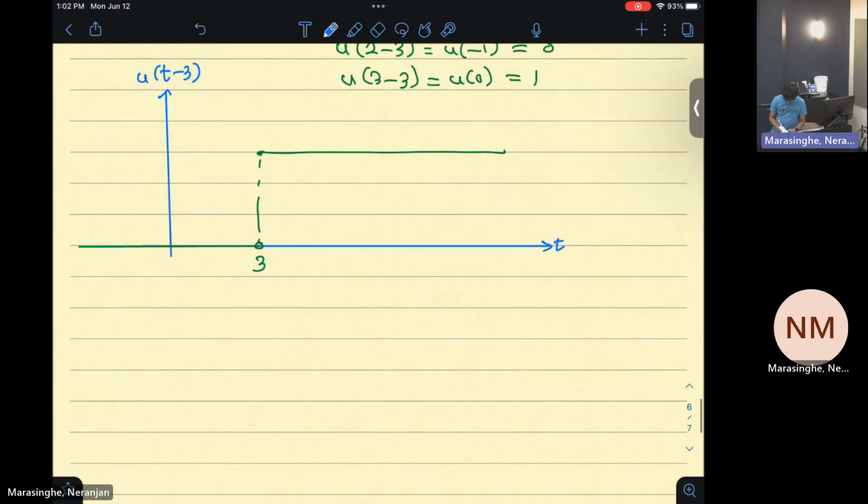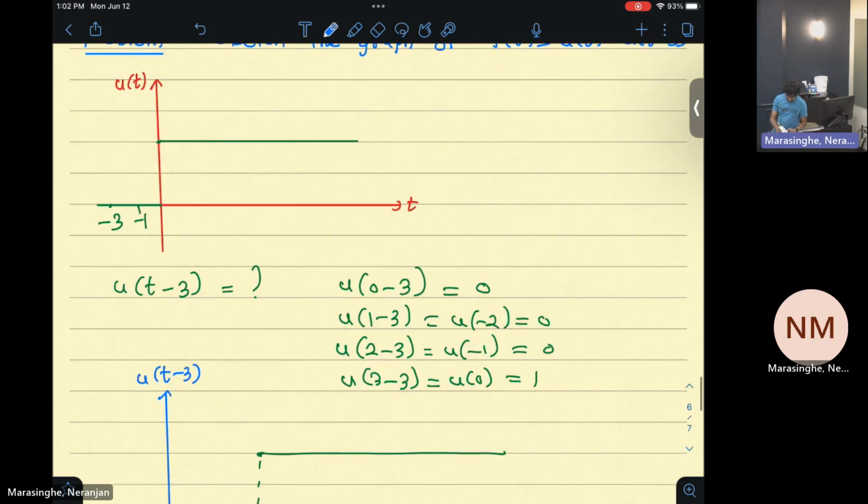I'll give you another one. How do you sketch u(t plus 2)? Can you sketch that one? Now minus 2 is the important point, because if you substitute something greater than minus 2, suppose you substitute minus 1, then you get u(1), and u(1) is equal to 1, because this is the graph of u(t). So at 1 you get 1.